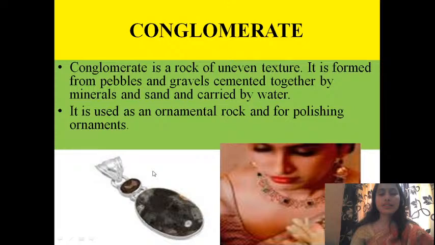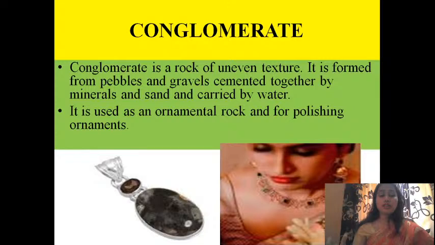So conglomerate is a rock of uneven texture, formed from pebbles and gravels cemented together by minerals and sand and carried by water. It is used as an ornamental rock and for polishing ornaments. The dust of this conglomerate rock we can also use to polish other ornaments, right?